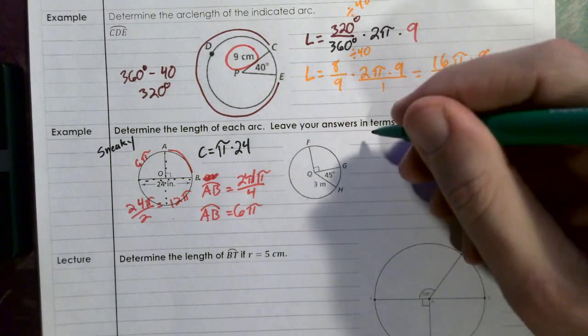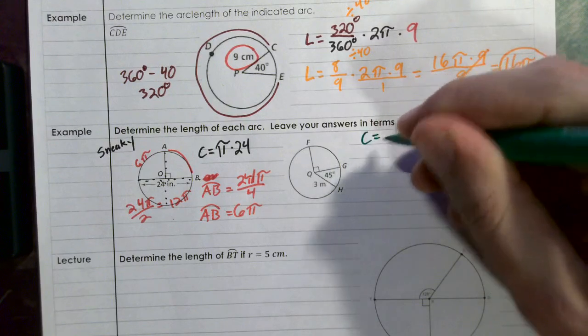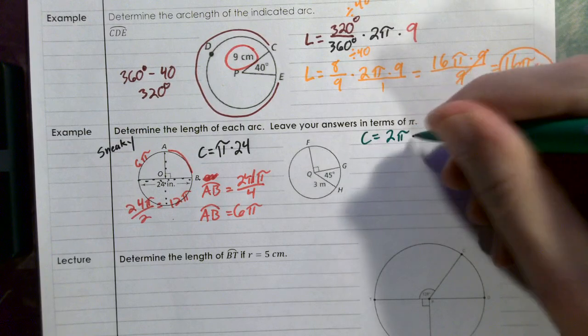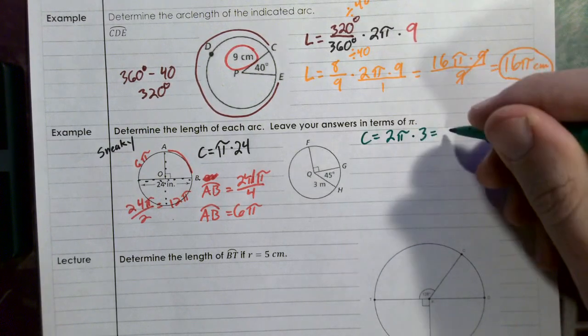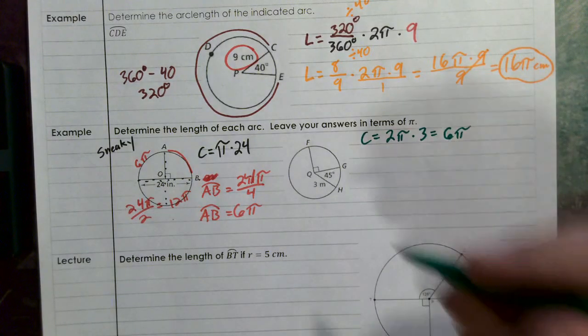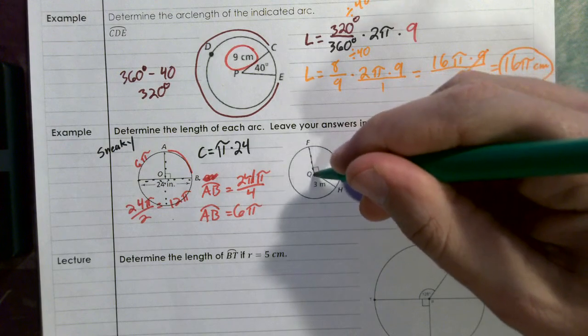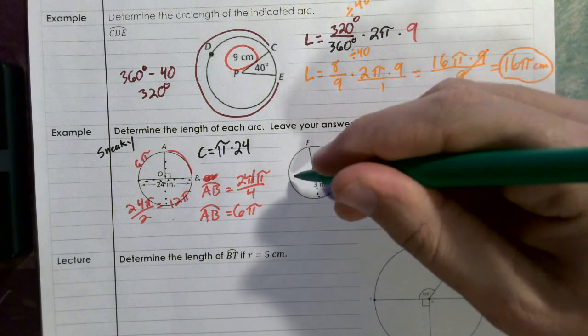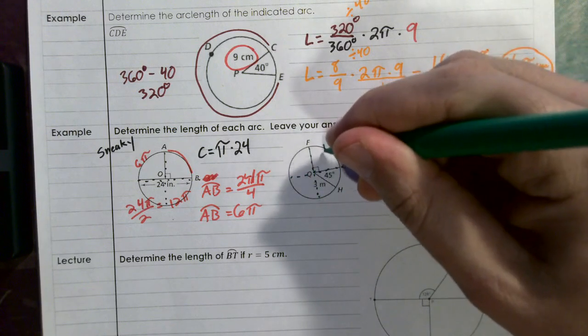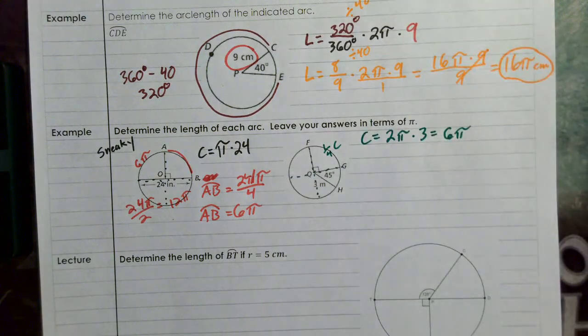This one again, I could use this formula up here, but I've got another sneaky idea. If I find my whole circumference again, this time I've got a radius, so circumference is going to be 2 pi times my radius, which is 3, so that's 6 pi. What I could do is cut this thing in half, and then in half again, then I know that this is going to be a quarter of my circumference.